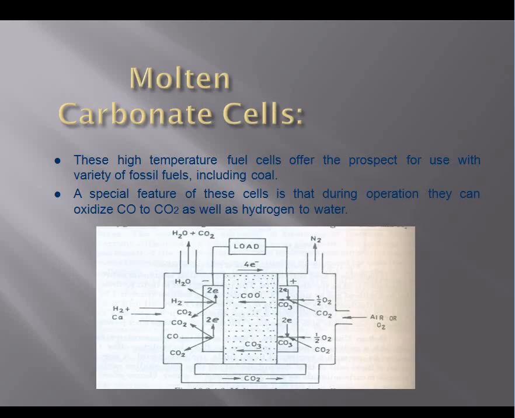Here in this cell, if you see the operation, the hydrogen and carbon monoxide are entering from the inlet, and the hydrogen is reacting with carbon monoxide to form water and carbon dioxide.